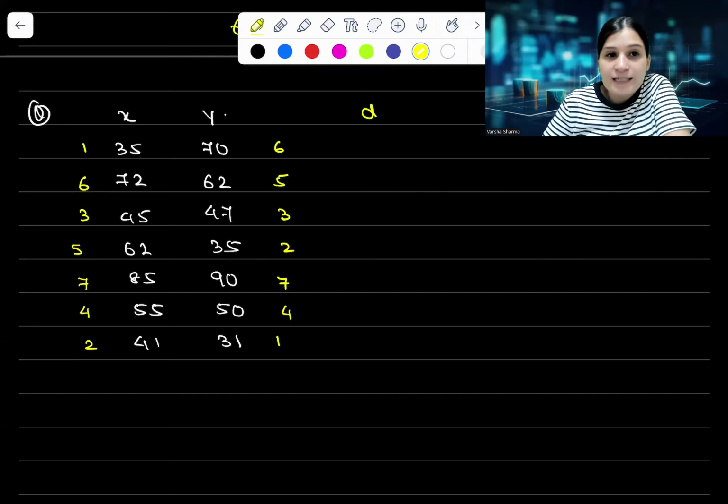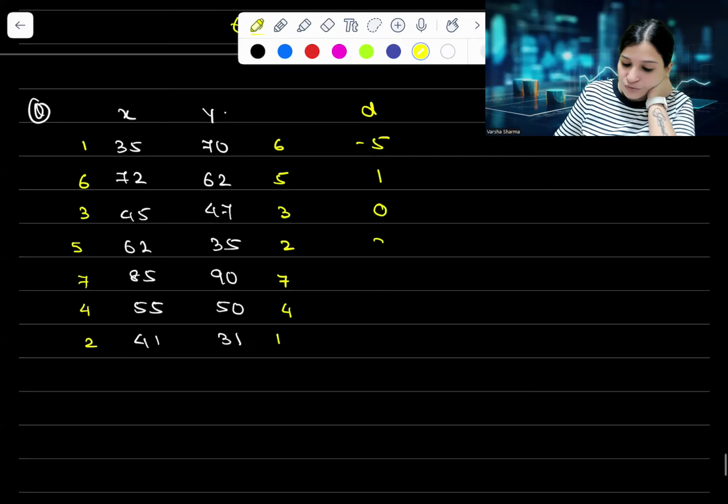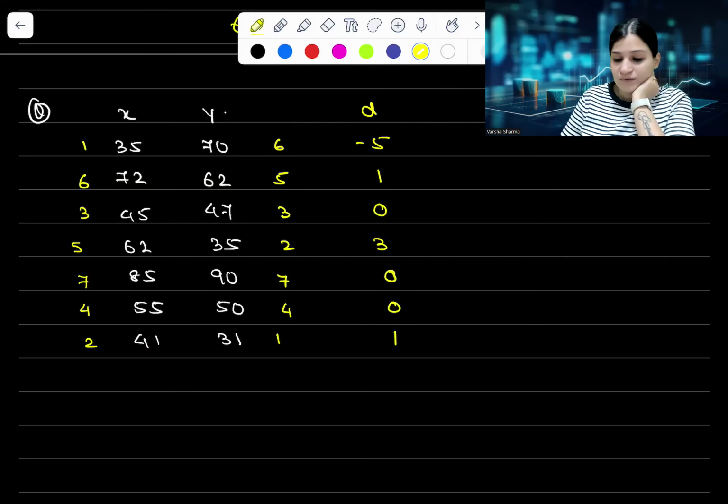Now D is the difference in rank. Subtract the yellow ones any which way: 1 minus 6 is 5, 6 minus 5 is 1, 3 minus 3 is 0, 5 minus 2 is 3, 7 minus 7 is 0, 4 minus 4 is 0, 2 minus 1 is 1.